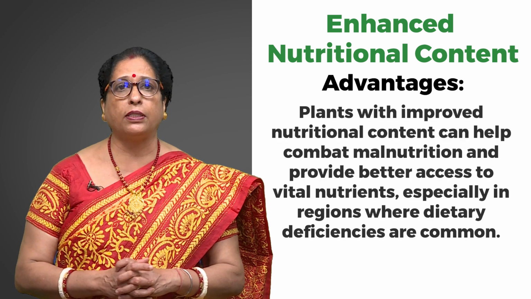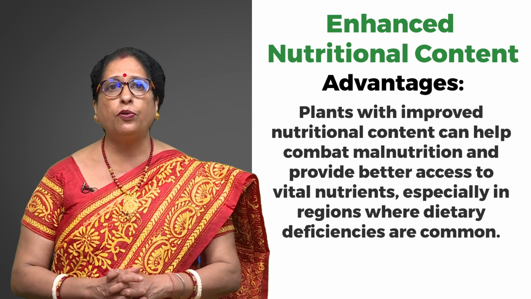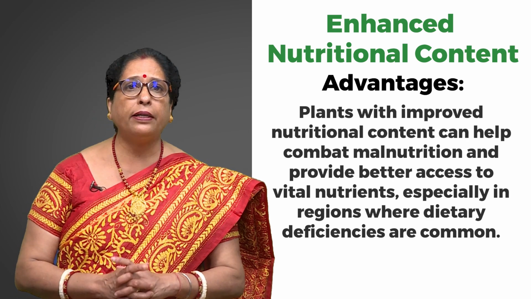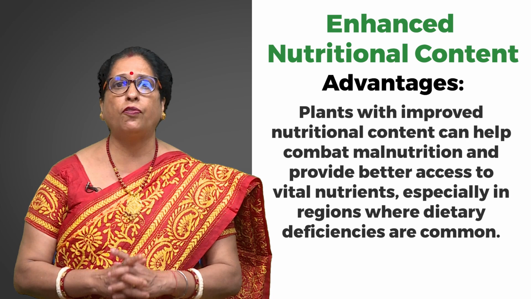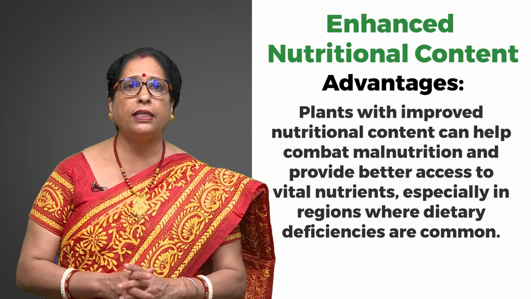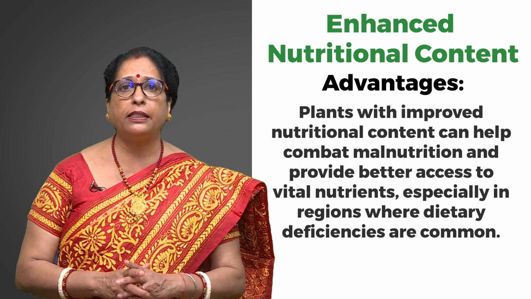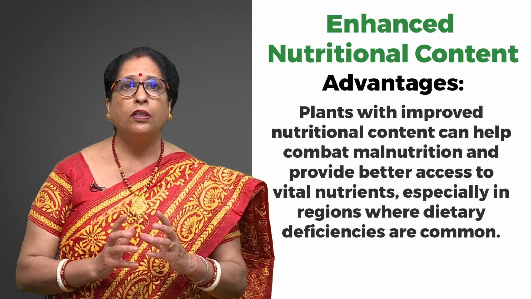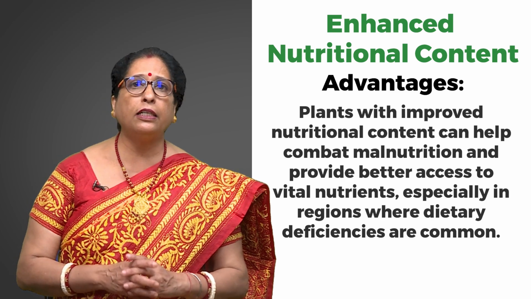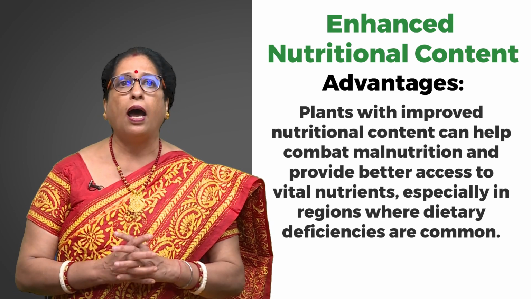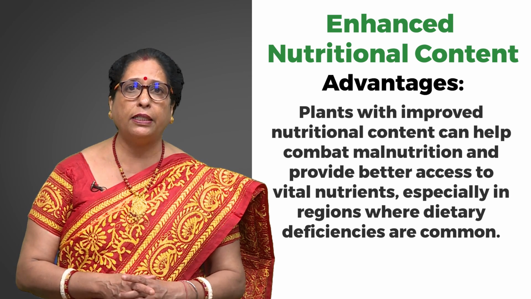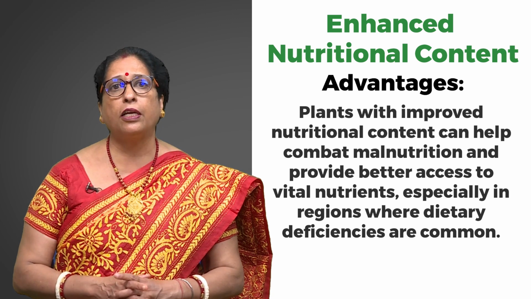In this process, plants with improved nutritional content can help combat malnutrition and provide better access to vital nutrition, especially in regions where dietary deficiencies are common. For example, golden rice is genetically modified to produce higher levels of vitamin A, addressing vitamin A deficiency in some populations.